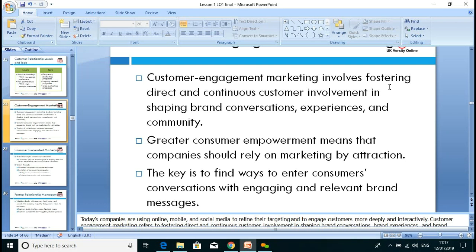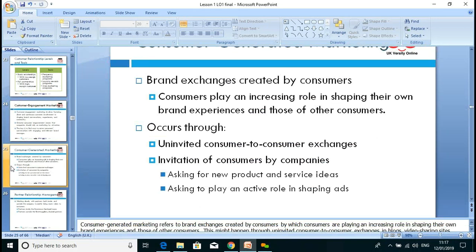The key is to find ways to enter the customer conversation, so we really listen to the customer. We put ourselves in the customer's shoes and look through the customer's eyes at what the customer really wants.